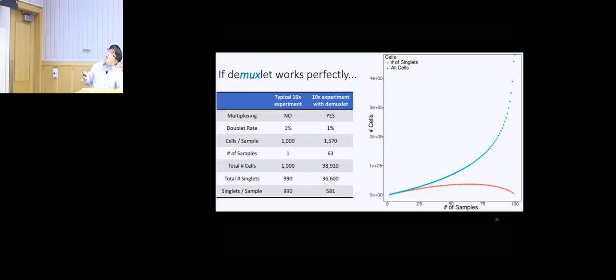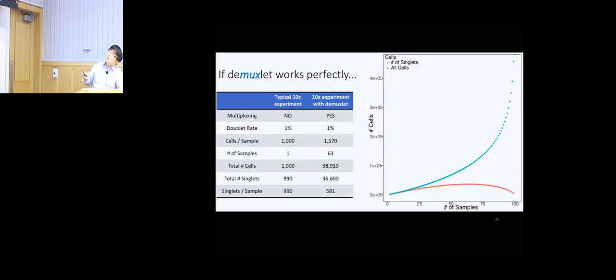Our calculation shows that I want to have a 1% doublet rate. For a typical run, you just load 1,000 cells, and excluding 1% doublets, you're going to have 990 singlets.